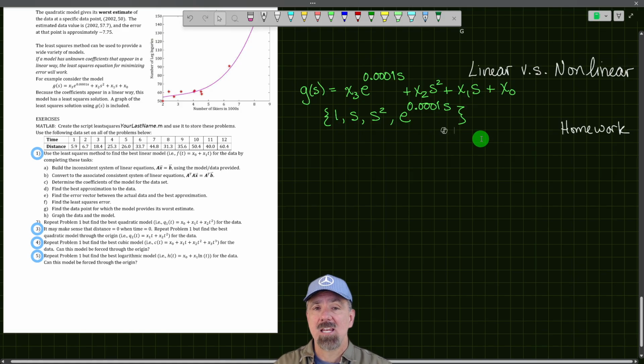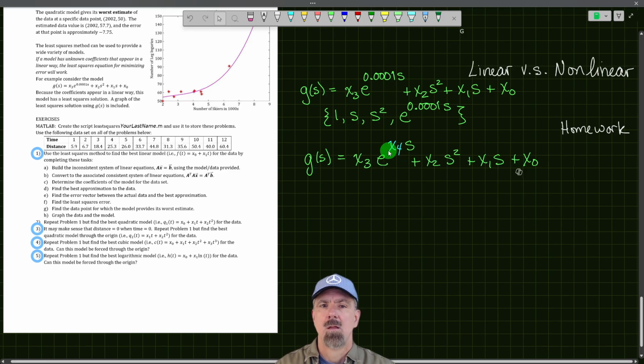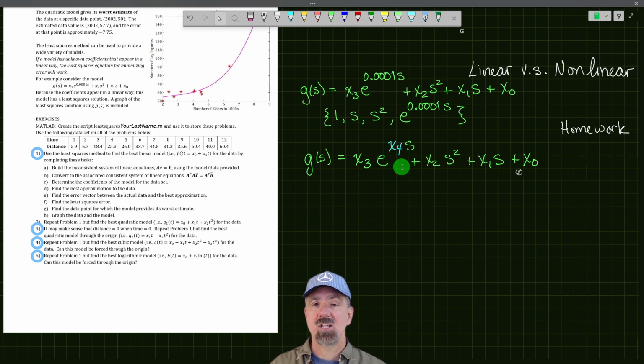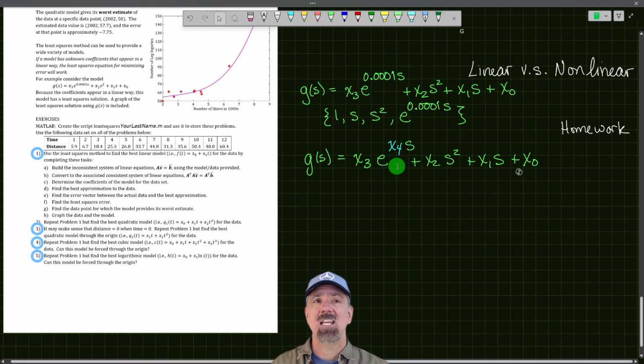What is a nonlinear model is if we did the following. In this situation, we have a nonlinear model because one of the coefficients that we're looking for, in this case x4, appears in a nonlinear way. This is not just a coefficient of part of the linear combination. We are trying to decide here what the growth rate is of our model. We can't do that using a linear model.